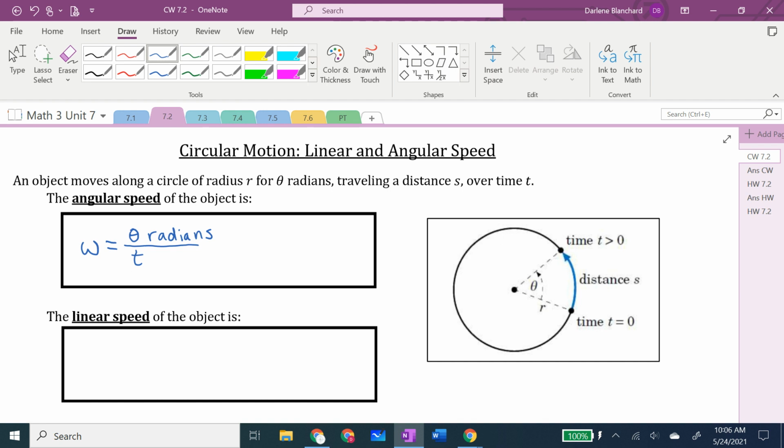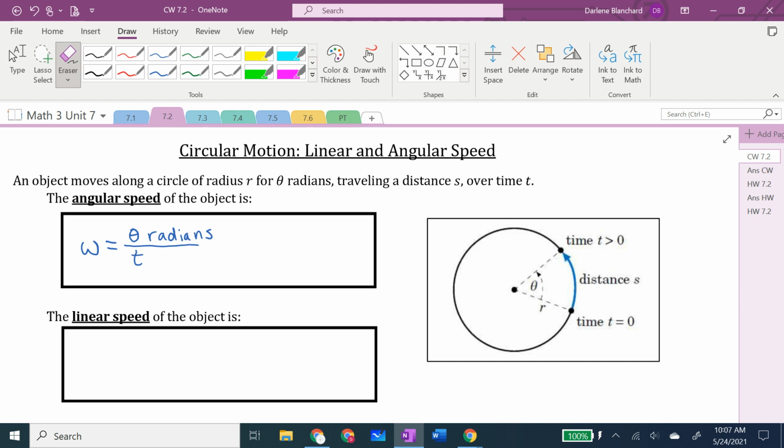So it's just the angle measure divided by time. The time might be in seconds, the time might be in minutes, it could be a lot of different things. But we're going to stick with radians for the angle measure. But each individual problem will have its own time units.